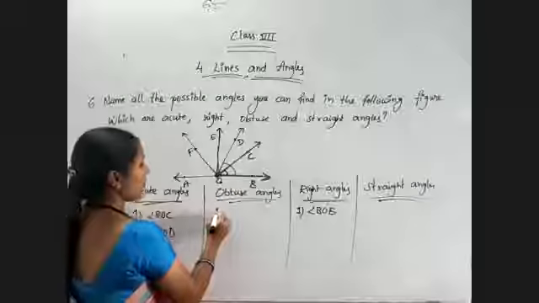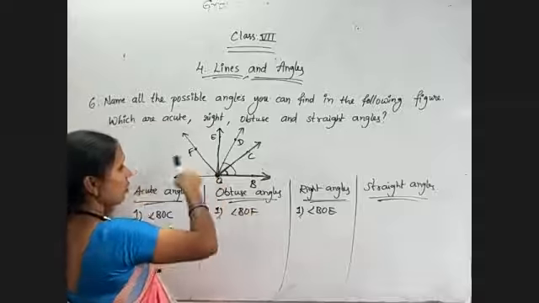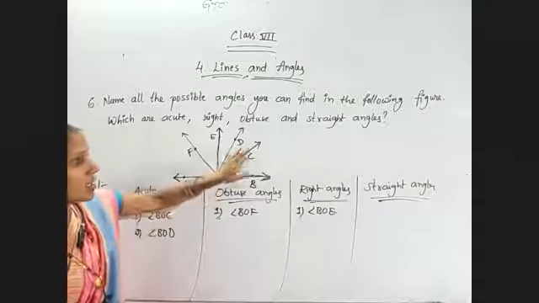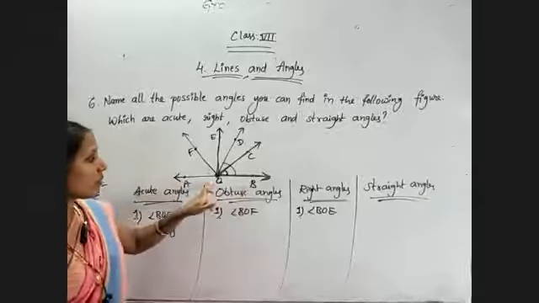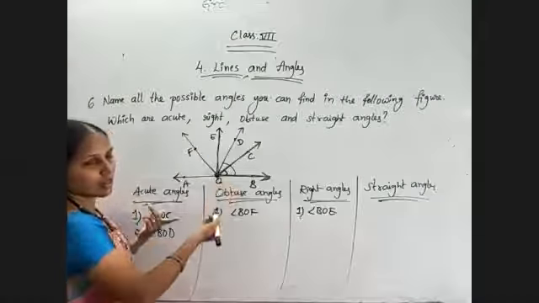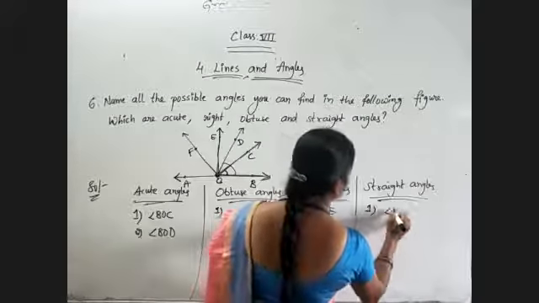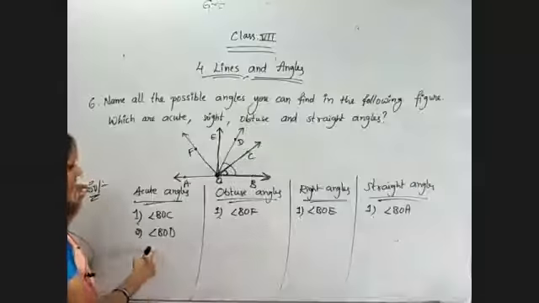So it is an obtuse angle, angle BOF. And BOA, try to write every letter. Now BOC, C finished, D, E, F, now A. BOA is which angle? Straight angle. So angle BOA.